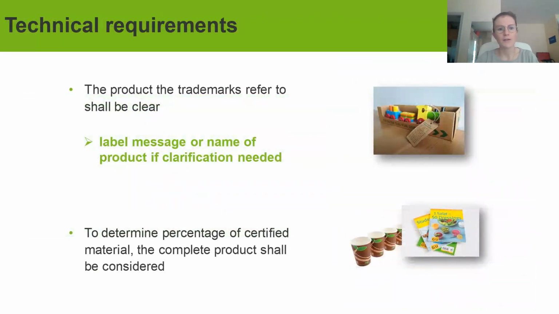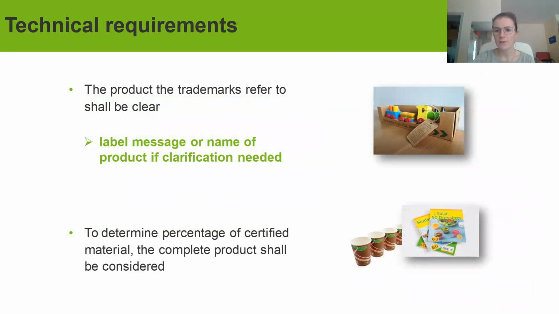Now let's see the technical requirements related to the usage of PFC labels. The first one we will talk about is that the product the trademark refers to shall be clear. If it's not clear what the trademark refers to, the name of the product can be added in the label message or right underneath the PFC logo if needed.